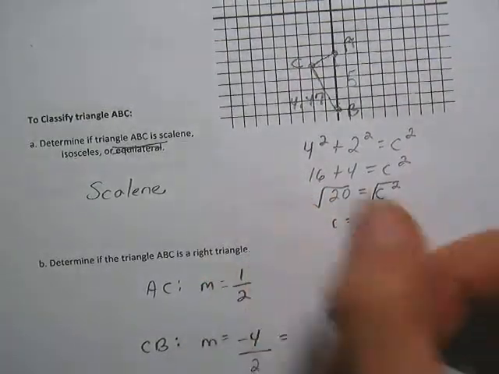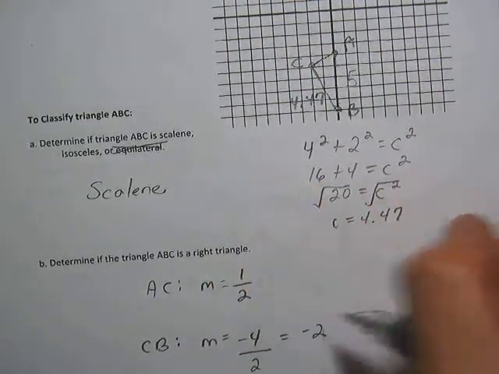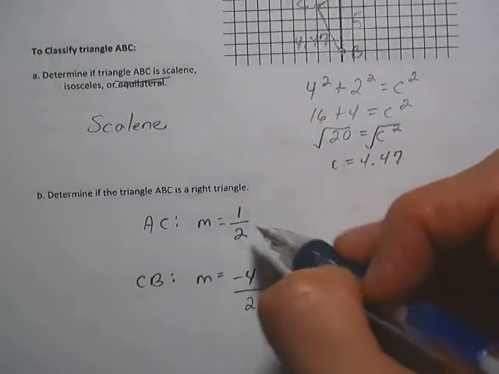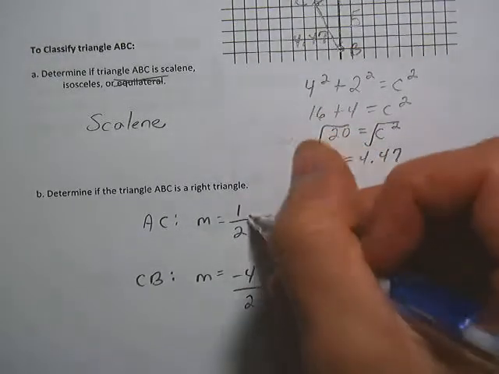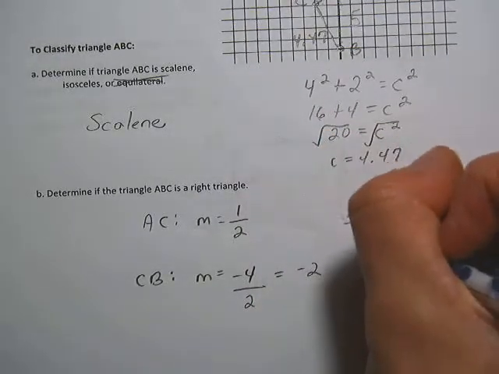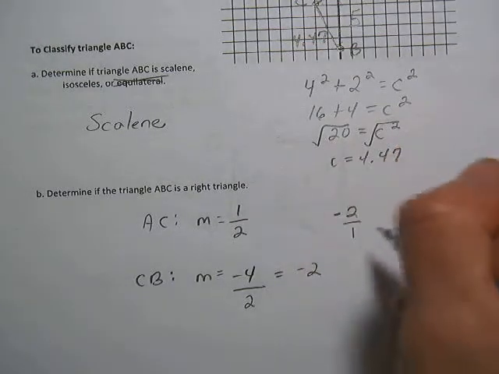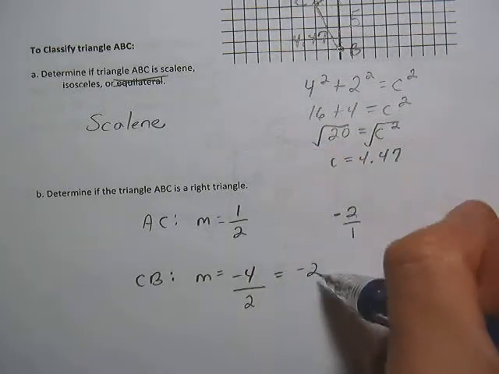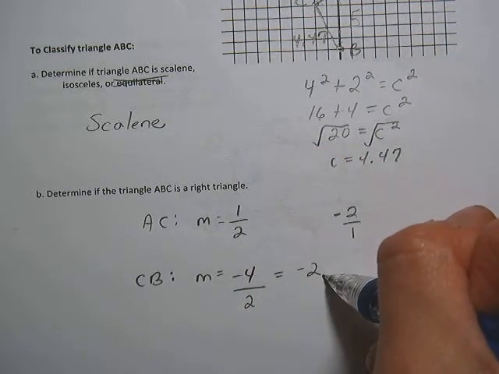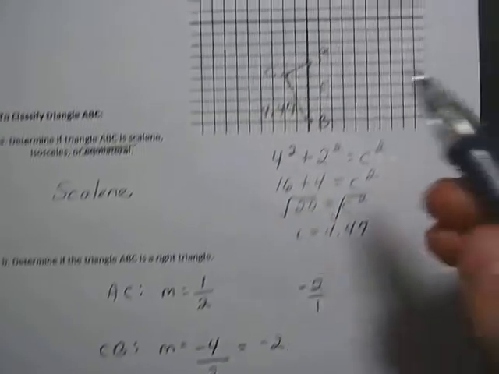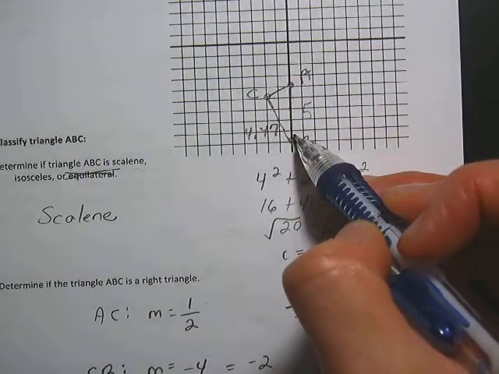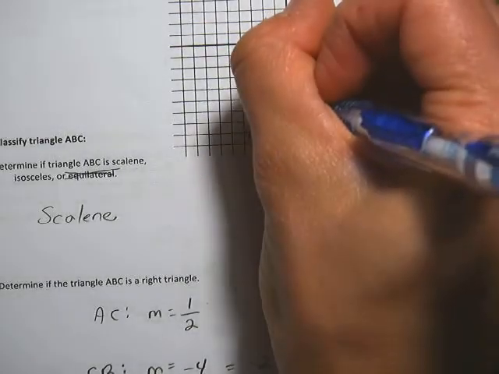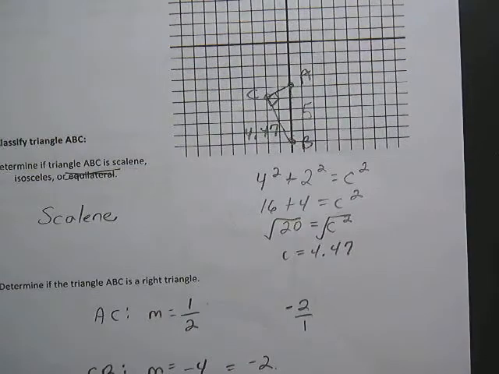So it'd be -4 over 2, which is -2. So check those slopes. Are they flipped and the signs change? So if I take this one and I flip it, it'd be 2 over 1. And then if I change the sign, I get -2 over 1, which is -2. So that means that they are flipped and the signs are changed from one another. So that means that these 2 are perpendicular because they have negative reciprocal slopes. So that would have a right angle in it.